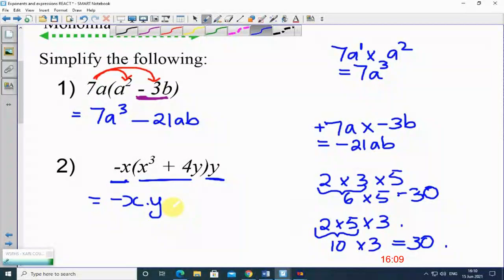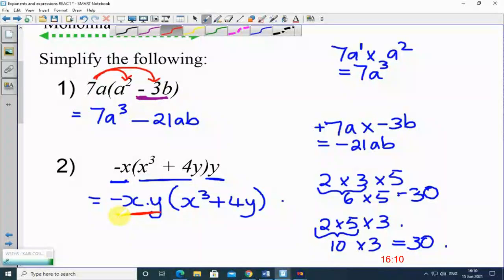Because of what I showed you just now with the numbers, we know that that is just the same. So the minus x times the y in front times the bracket. We can't do any better than that. It's just minus xy.